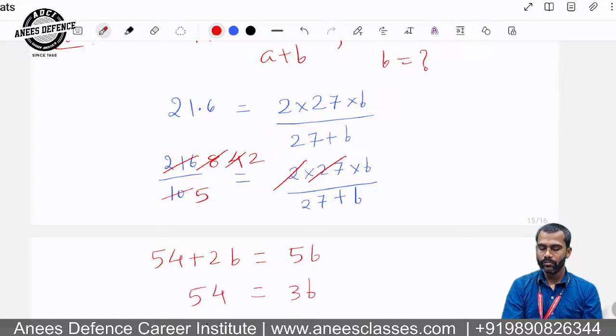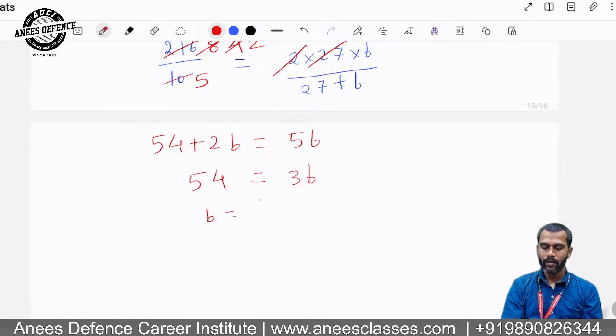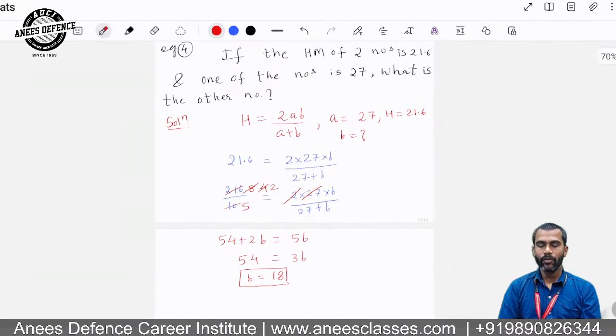So B is equal to 18, 3 18s are 54. So the other number would be 18. The other number would be 18. I hope it is clear. Very, very good question it was, right? I mean, you need to just apply the formula, HM of two numbers. Is there any doubt? Yes, online kids, have you understood?